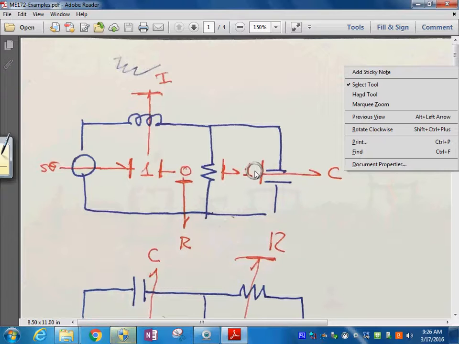There you have the C element, on this one you have the I, on this you have the source. Now in between these two, the difference between these two is what the R sees.